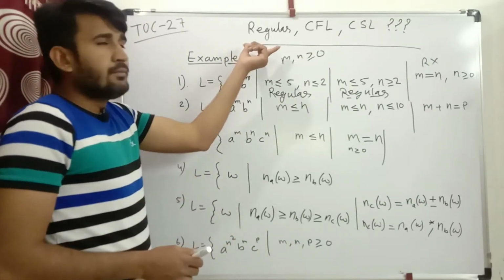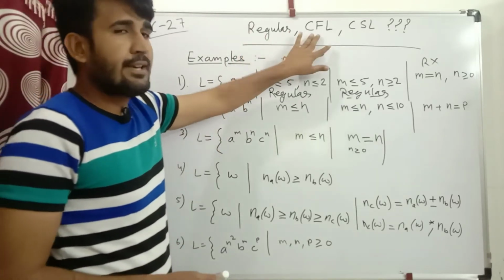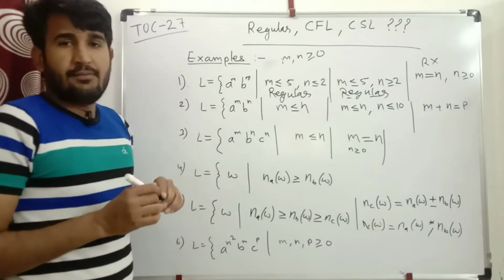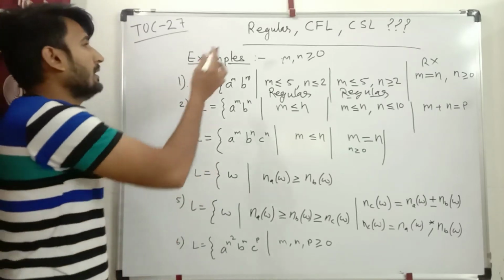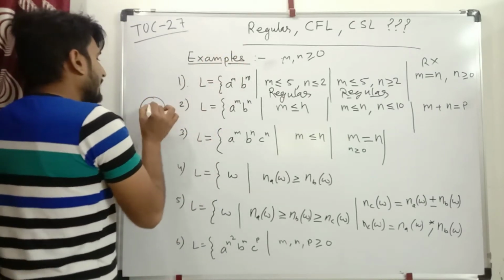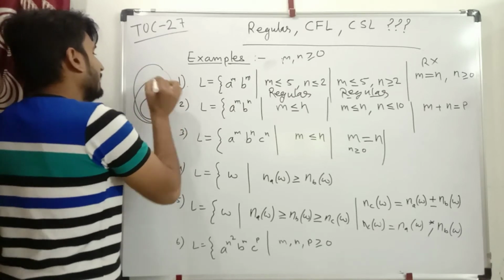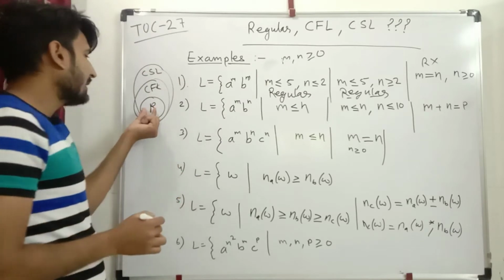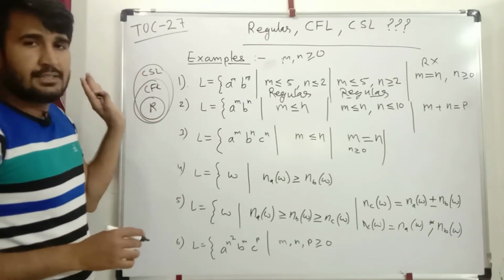Because if the given language is regular, then it is also CFL and CSL. I told you the hierarchy graph for regular, CFL and CSL. There is regular, there is CFL, here is CSL. If the given language is regular, then it is also CFL and CSL.